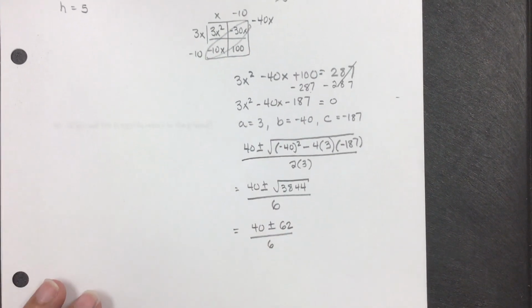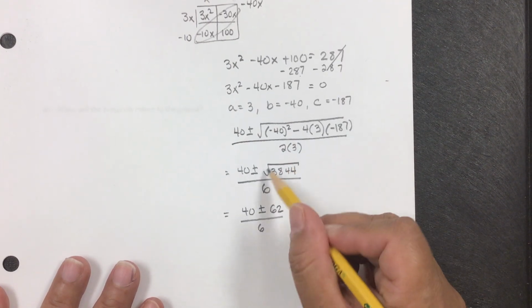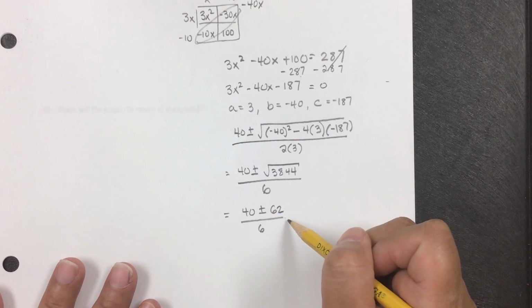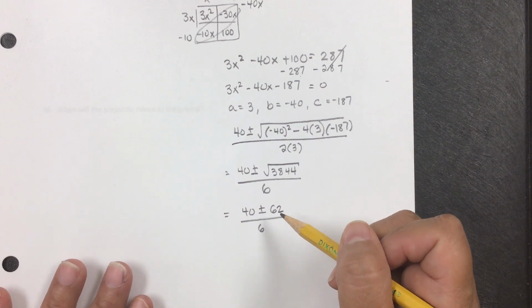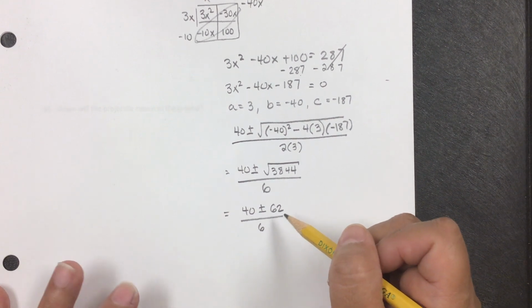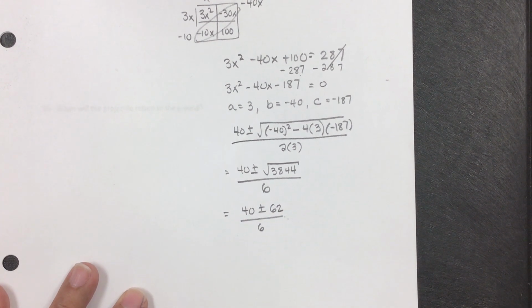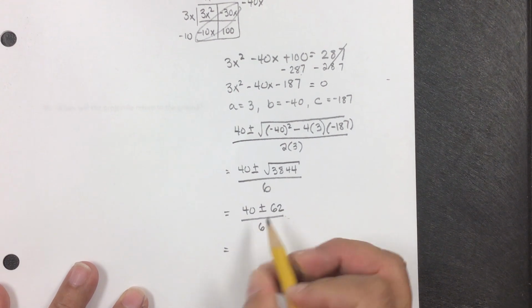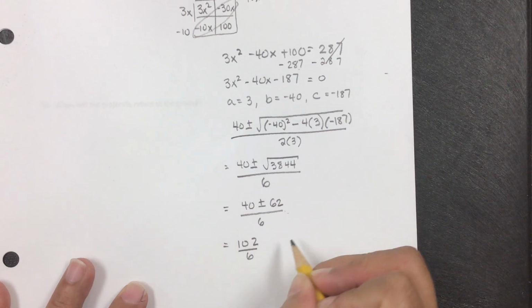So I mentioned to you that the quadratic formula always works, but we had talked about in another section to always simplify the radical. In this section, you don't need to simplify the radical because its decimal answers would actually make sense. So for this one, if you got a decimal answer, that would be fine. So that means that if we add them together, you had 102 divided by 6.